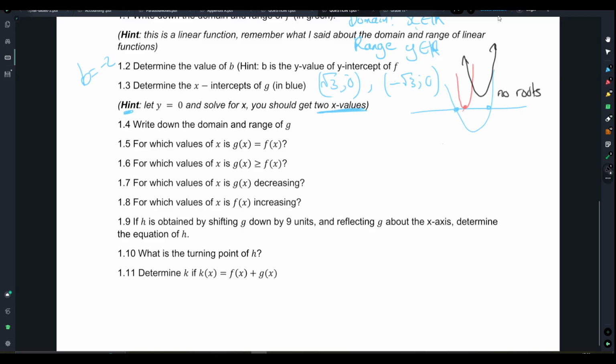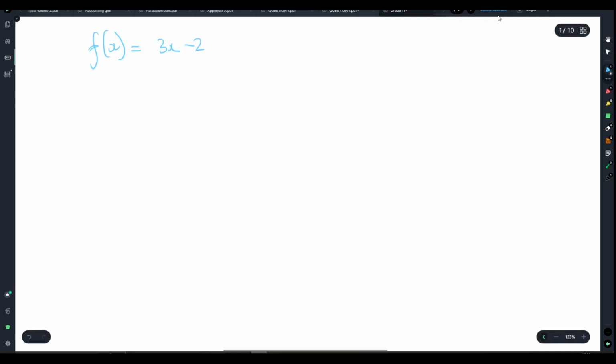Remember, we did find the value of b. We said b was minus 2. Our second equation was g of x equals minus 3x squared plus 9. Double check with me. Just rewind the video to double check these equations. Now they're saying for which values of x is g of x equal to f of x.